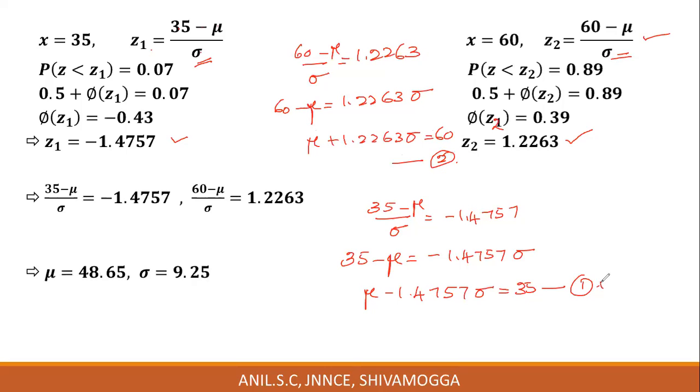Now just solve equation 1 and equation 2 to find mu and sigma. I got mu is equal to 48.65 and sigma is equal to 9.25. You just solve these two simultaneous equations and verify whether they are correct.